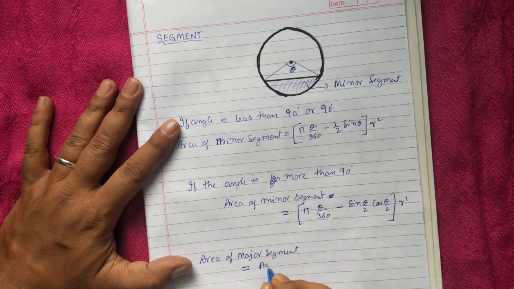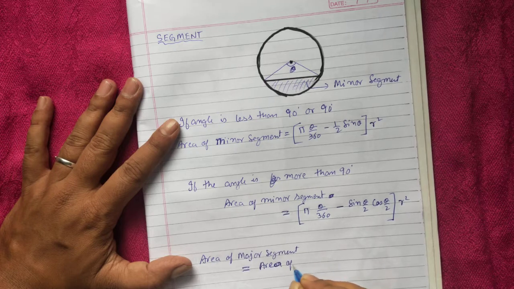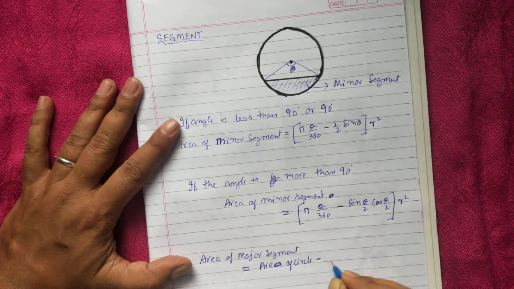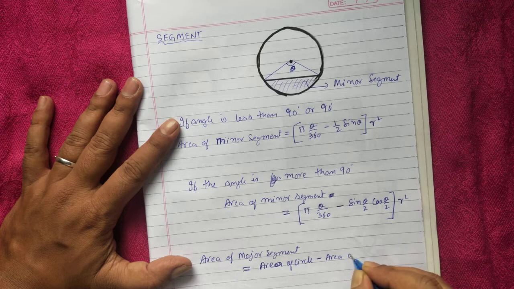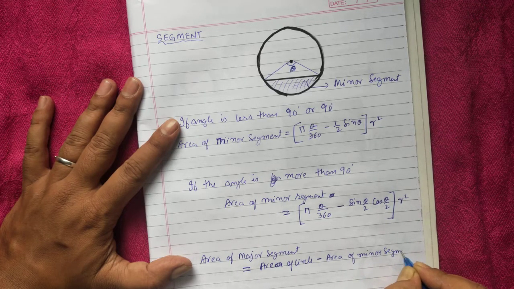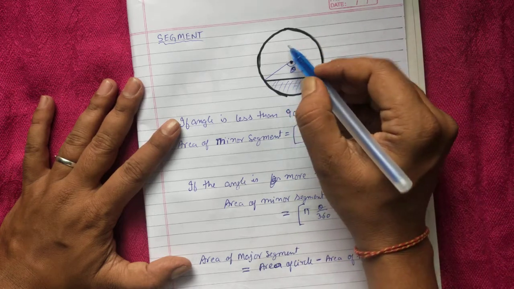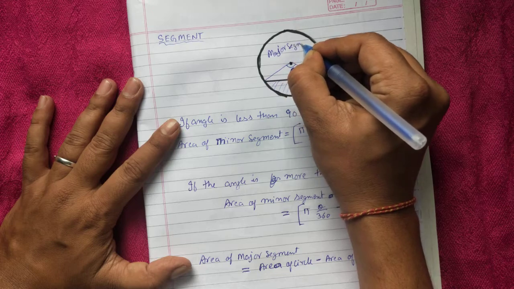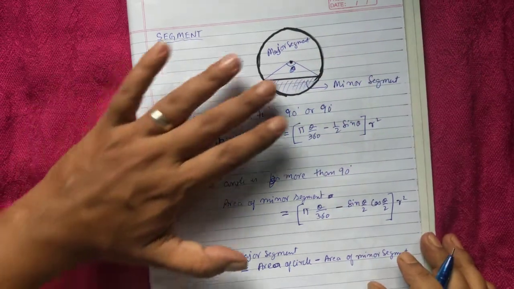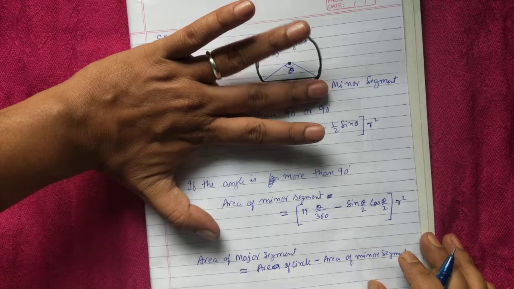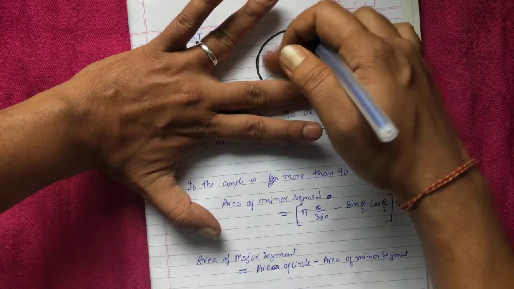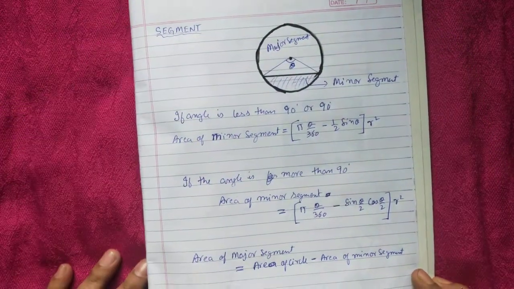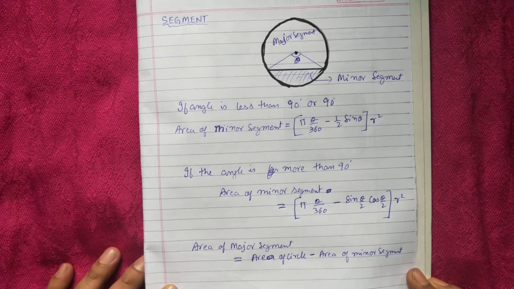So from the area of the circle, minus the area of this portion, the remaining is the major segment. You can pause the video to write the formula. Thank you.